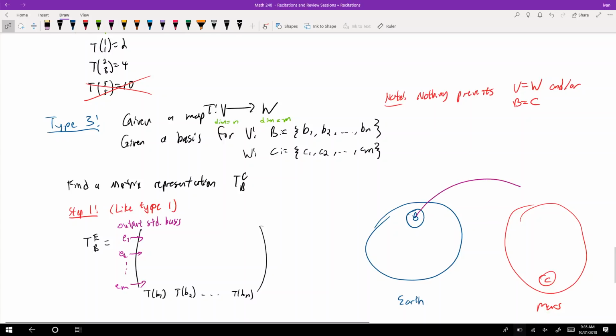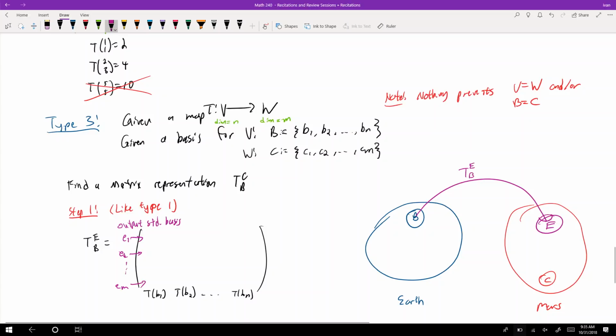You're always going to end up at some random location, but it's always going to be the same location, which is E. So your map always launches you to Mars, so you're in the right vector space, except you always get launched to this space here, but you want to end up down here. So this is just a very high level view of what's going on.